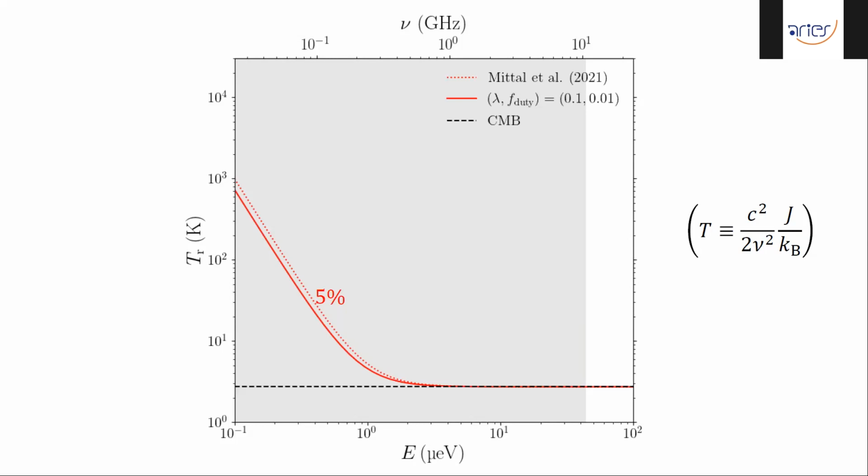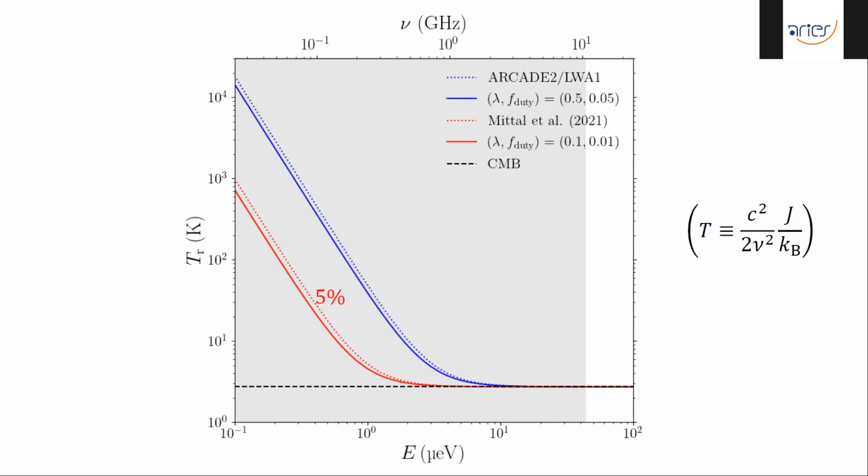Our result is shown by the solid line, and clearly you can see that the slope is matching very well, and even the magnitude can be explained by a certain combination of the parameters that are available to us, which are basically lambda and F_duty.